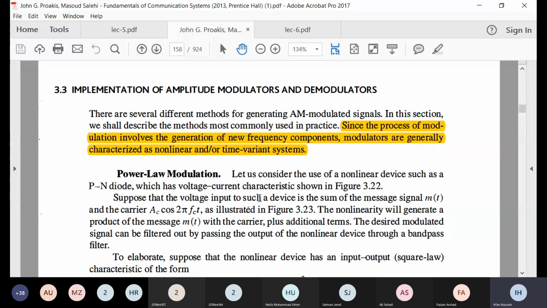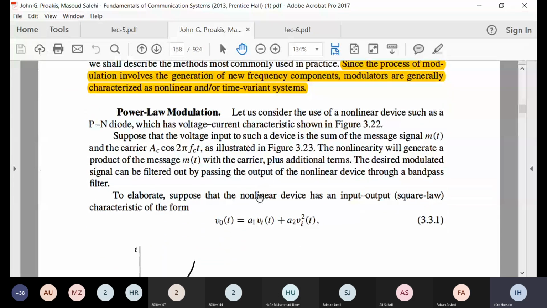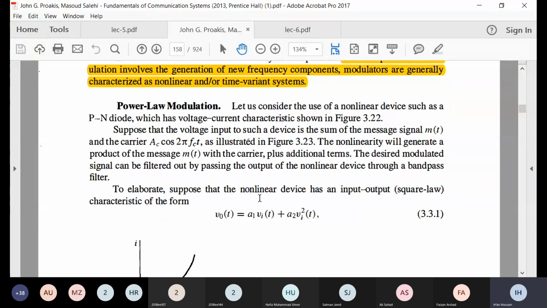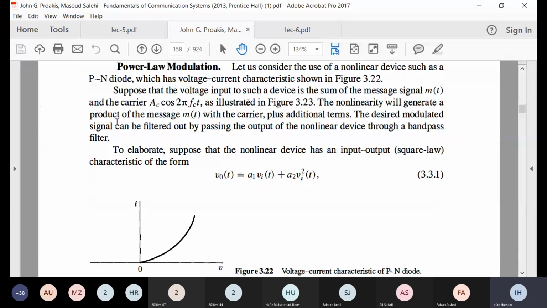So there are various techniques to perform this modulation. One is use of a PN diode, and we know its voltage current characteristics are as follows. So the signal that comes in the diode or in this device with this response is a message signal plus the carrier.